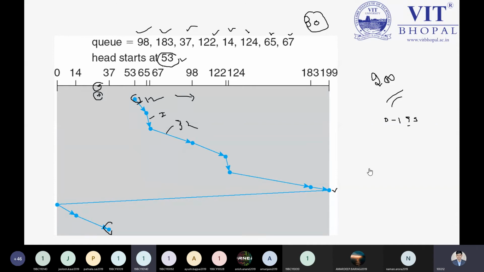Yes, sir. Now, can you find the difference between the scan and the C scan? Shivam Agarwal. Yes, sir. What is the difference between a scan and C scan?